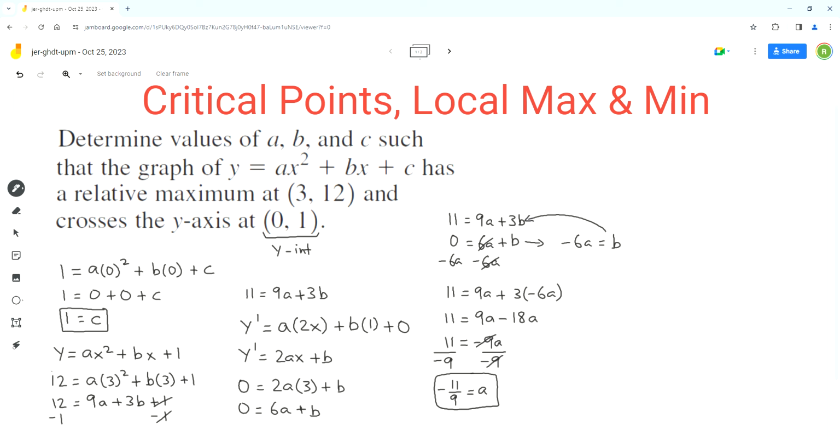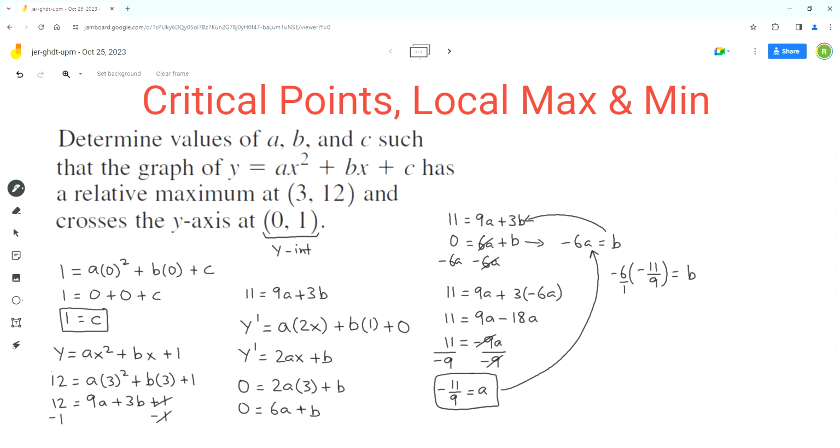Now we can use this value of a to find the value of b. So we will substitute this value of a in this equation. So we get negative 6 times negative 11 over 9 equals b. Now we can multiply these terms. Negative 6 has a denominator 1, so we can multiply these fractions by multiplying the numerator terms and the denominator terms.